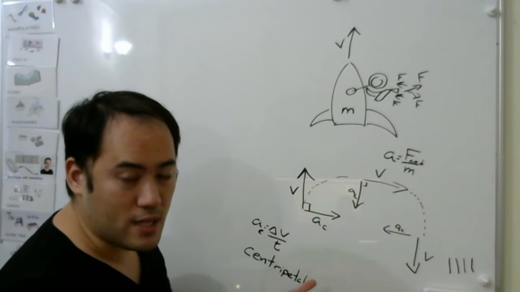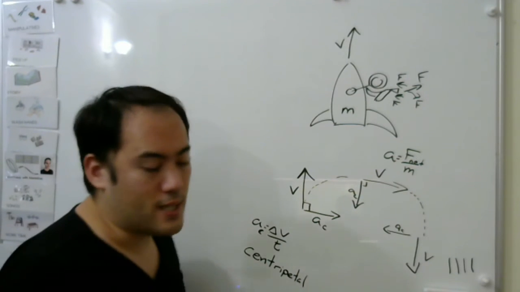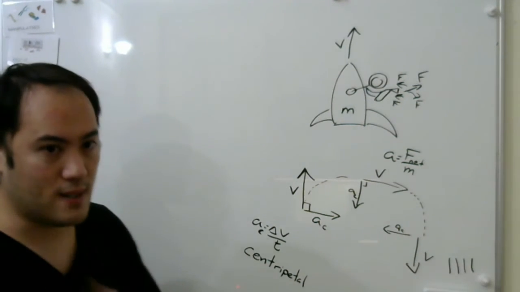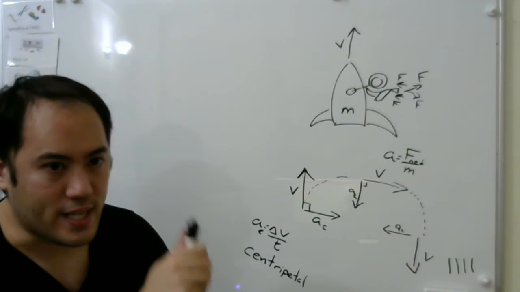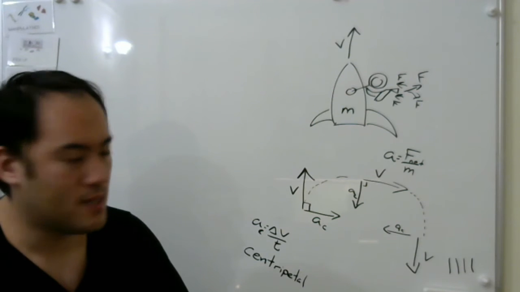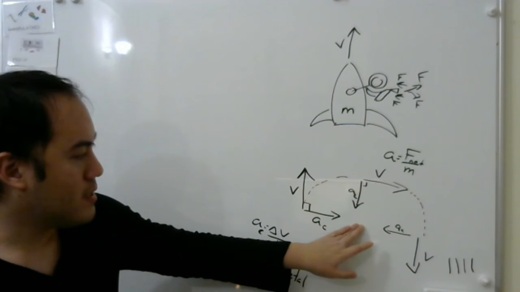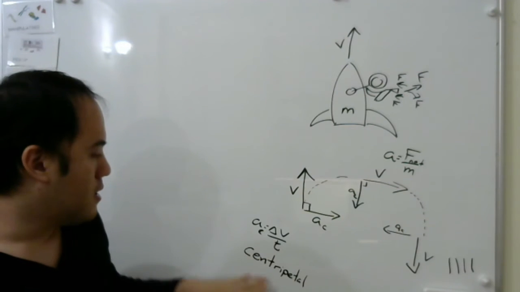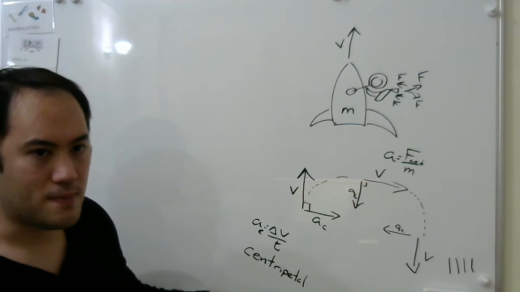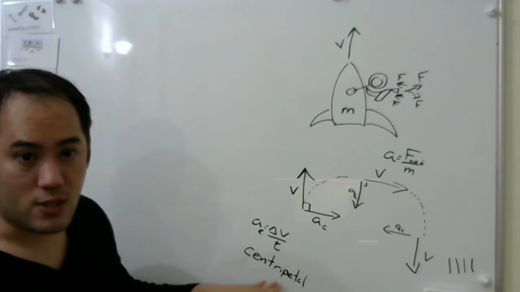So an object moving in a circle does accelerate. It doesn't speed up. It doesn't slow down, at least for now. But it's always changing direction, which changes velocity. That acceleration will be pointing toward the center of the circle that the object will move in. It's called centripetal acceleration. This is centripetal.